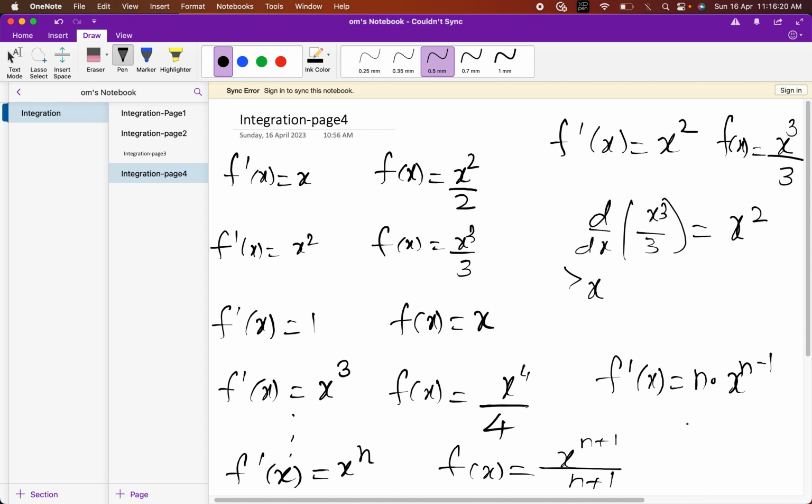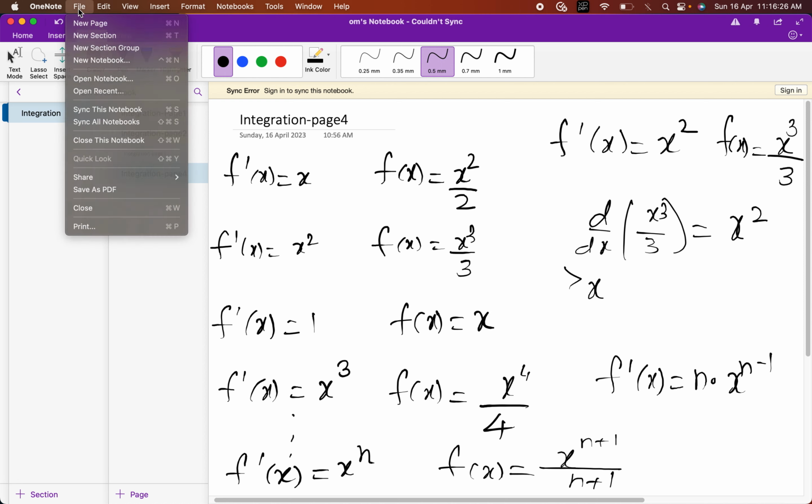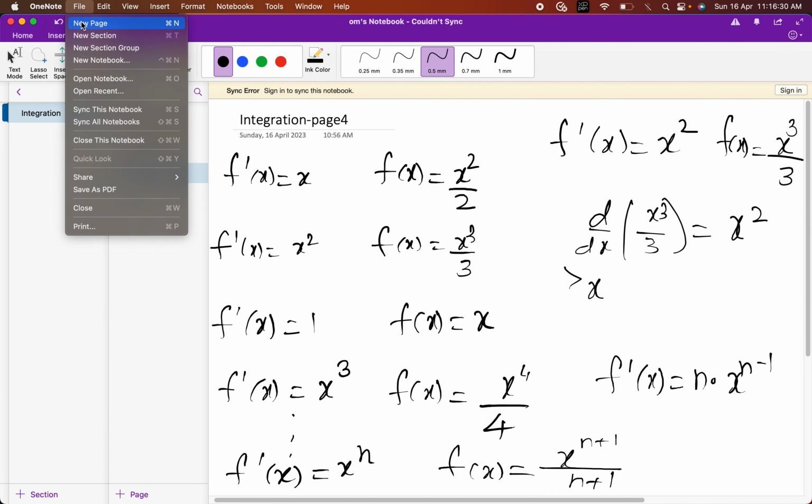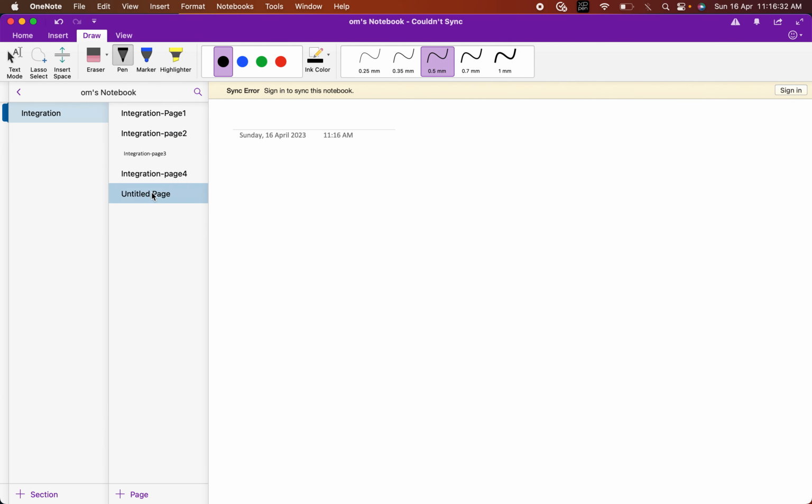I can also write the same thing in a slightly different way. Let me add a new page, and I can say the integral of x dx. So instead of saying the reverse, I used to say whose derivative is x.